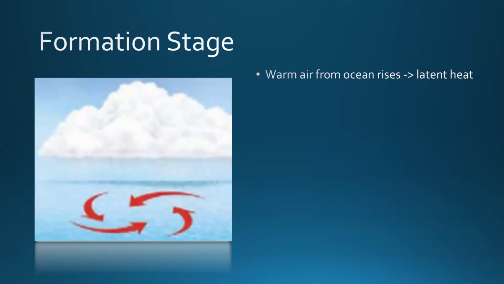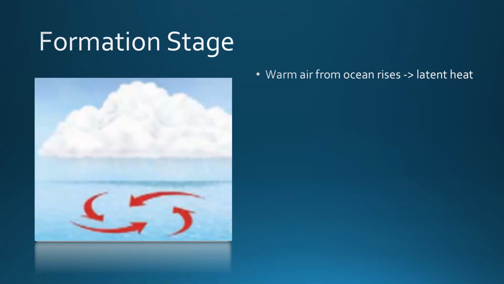So in the formation stage, you have just the beginning process of creating clouds above these oceans. Warm air rises above the oceans, and if you remember from yesterday, this water has to be 80 degrees Fahrenheit or hotter in order to create these huge storms. We know that when clouds begin to form, we produce latent heat. Remember, latent heat is the energy that is either absorbed or produced during a change in state of matter.